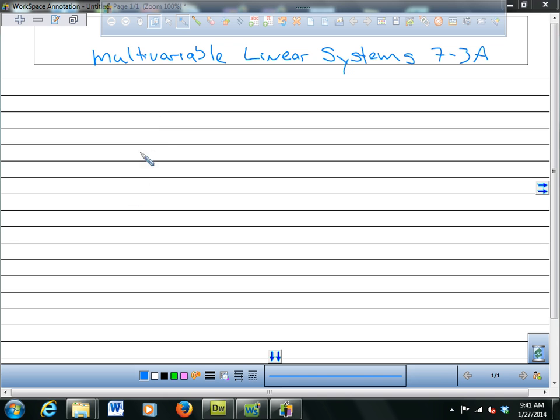If they say solve, it's not the most exciting thing in the world, but it's kind of fun and mechanical. x minus y plus 2z equals 1, and then we have y plus z equals 3, and z equals 2.